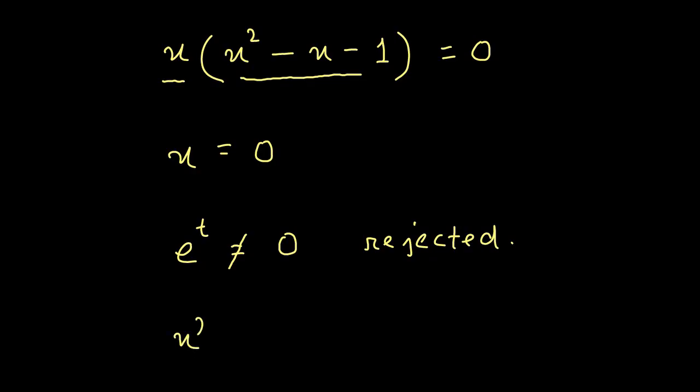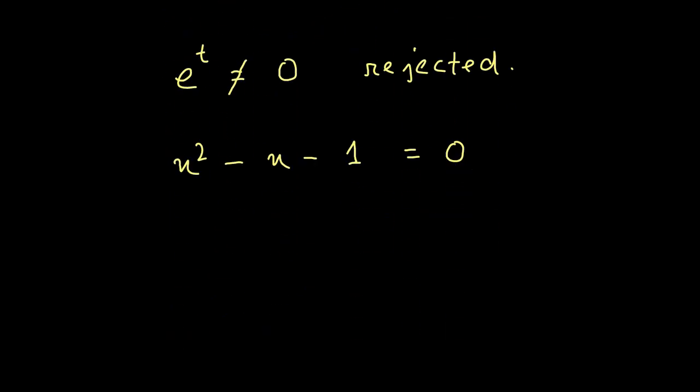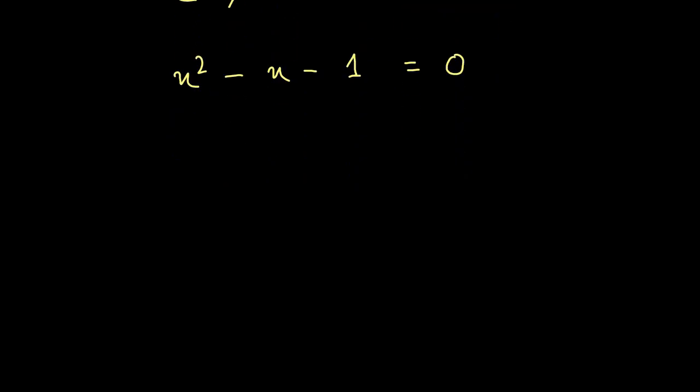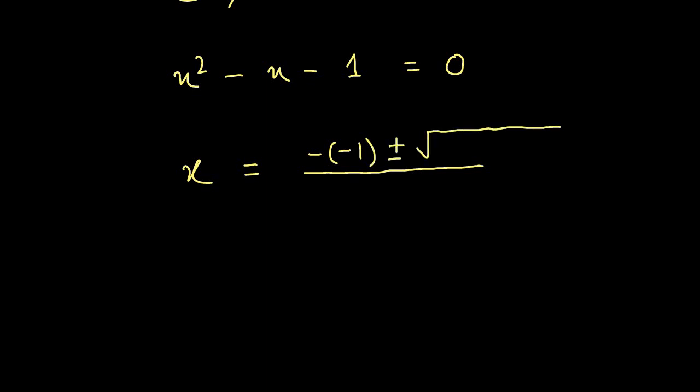So we have x square minus x minus 1 equals 0. From here we have the value of x as x equals minus b plus minus square root of b square minus 4ac, over 2a, where a is 1, b is minus 1, c is minus 1.